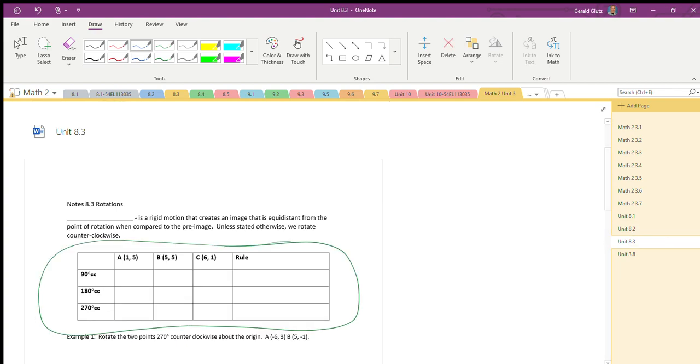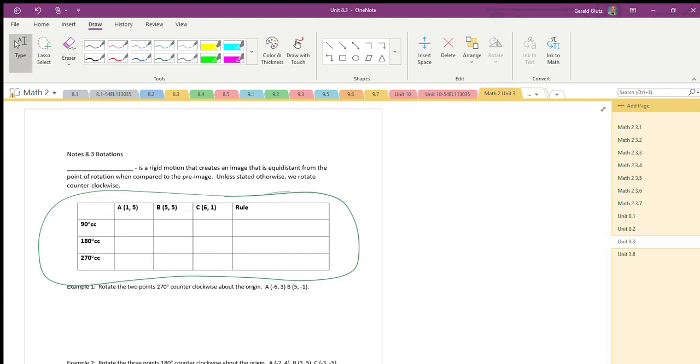Rotations, I'm just going to write the rules here real quick. So if you're rotating 90 degrees, we start with our x comma y. We have to switch the order of the two and change the sign of the y, or the new x. When we rotate 180 degrees, they stay in the same spots, but we change the sign of both.